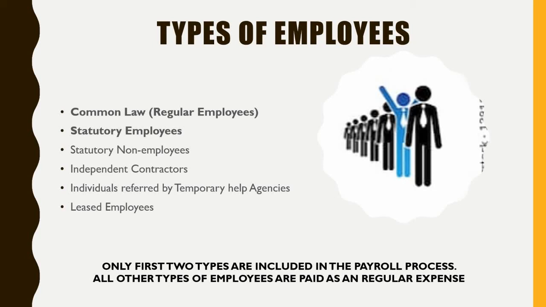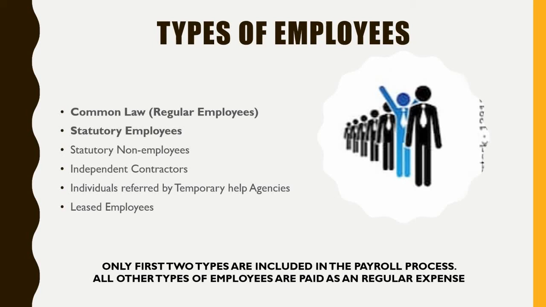What happens if you have an employee that is an agricultural worker? They fall under a completely different category than a regular employee. So there are so many rules and regulations and different employees that exist. However, I'm only going to show you 6 of the more common ones that you normally see right now.